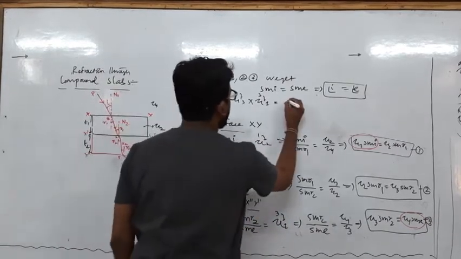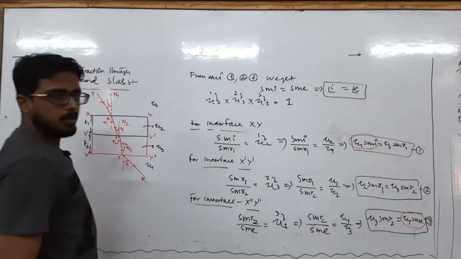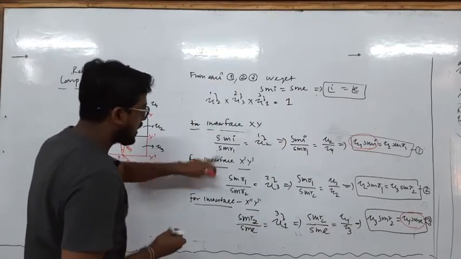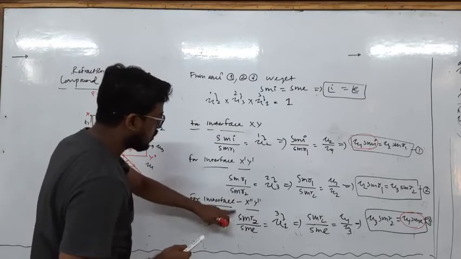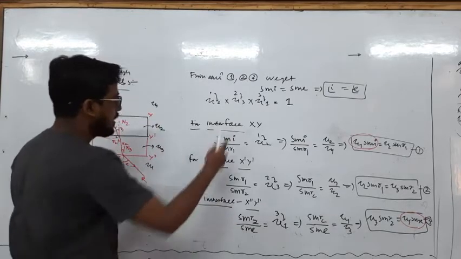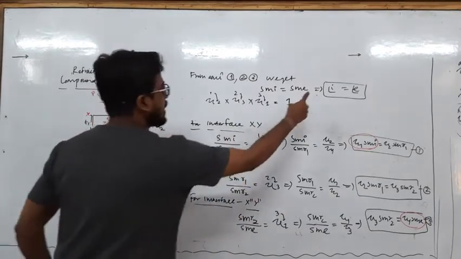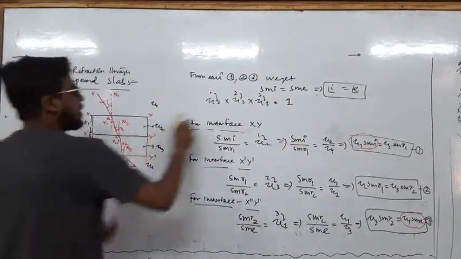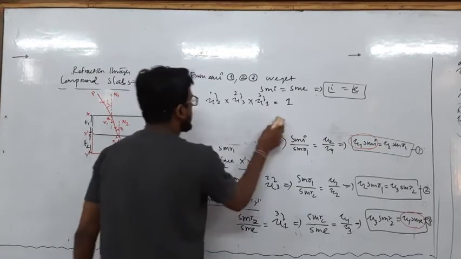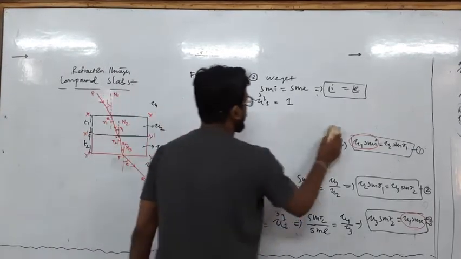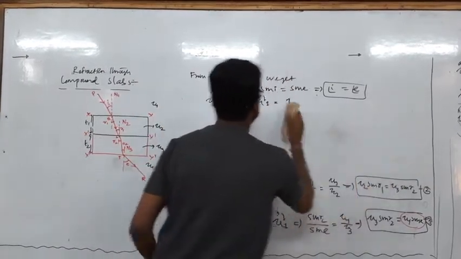It will become 1. Clear? Because sin I by sin R1 into sin R1 by sin R2 into sin R2 by sin E will become 1, which is equal to sin I by sin E, because I equal to E. So by multiplying these three, mu 1 to 2 into mu 2 to 3 into mu 3 to 1 gives us 1.